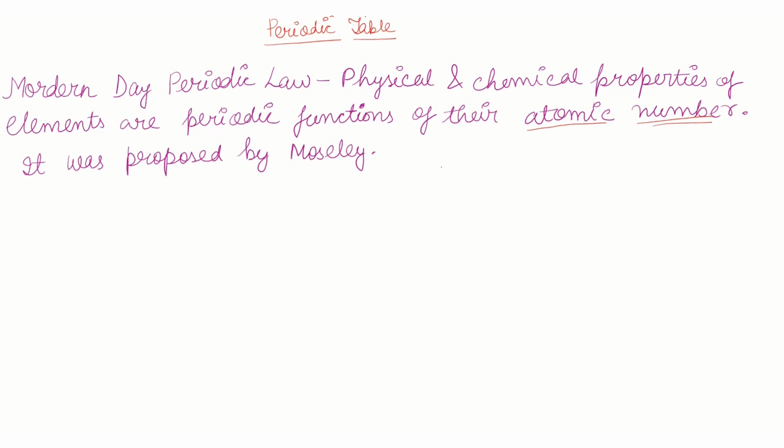Okay, it was proposed by scientist Moseley. So scientist Moseley arranged the elements on the basis of their atomic number. Before this, scientist Mendeleev also proposed a manner of arrangement of elements.